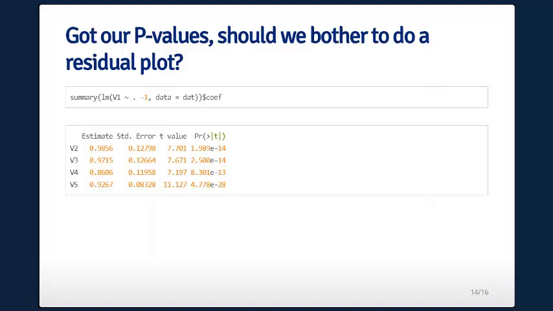If you do a standard linear model where it takes this first variable and regresses it on everything else, and then just grab the coefficient table, you see a bunch of highly significant p-values. Imagine if you were to stop there.